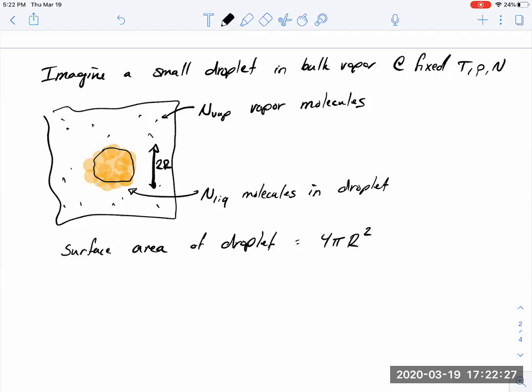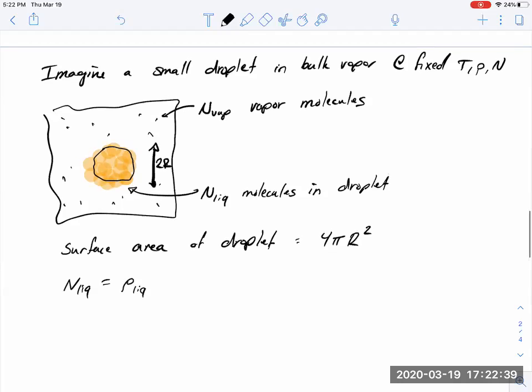Now, the number of molecules in the droplet is something we can compute if we knew what the density of those particles were and their volume. And the volume of the sphere is just 4 pi over 3 r cubed. So note the surface area goes like r squared. The volume goes like r cubed.